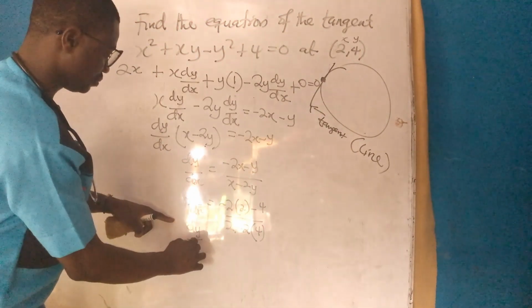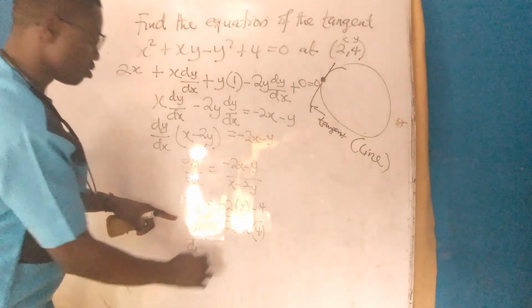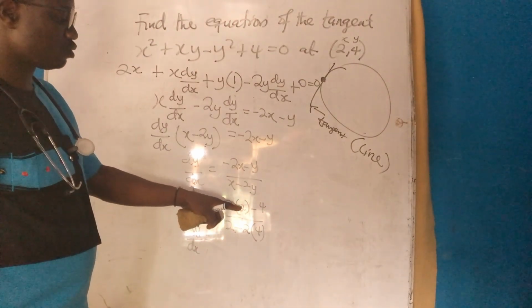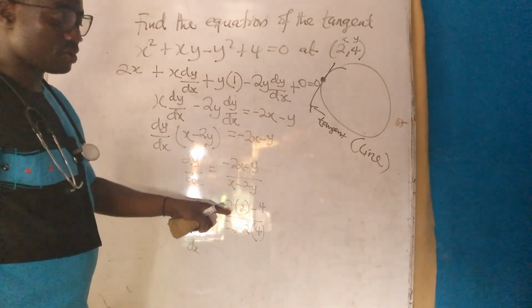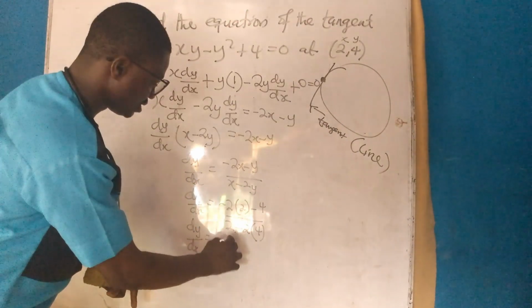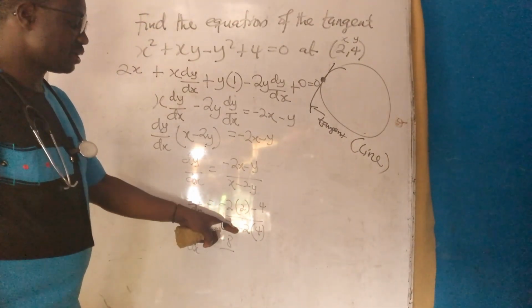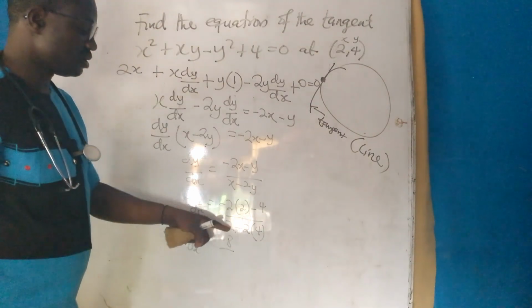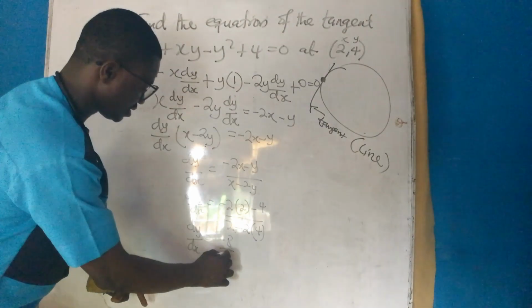Simplifying dy/dx, we're going to have minus 2 times 2 is minus 4. Minus 4 will give you minus 8, and then 2 minus 2 times 4 is 8, and 2 minus 8 is minus 6.